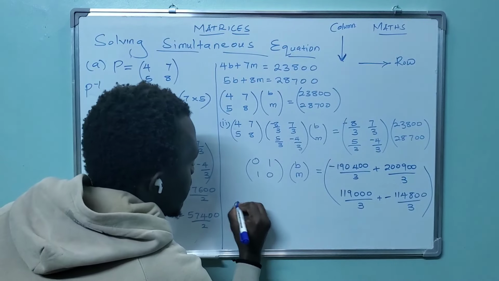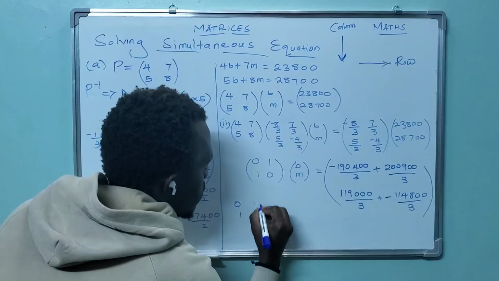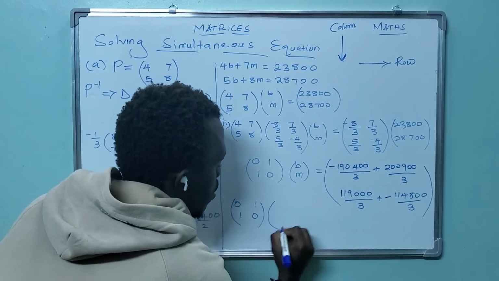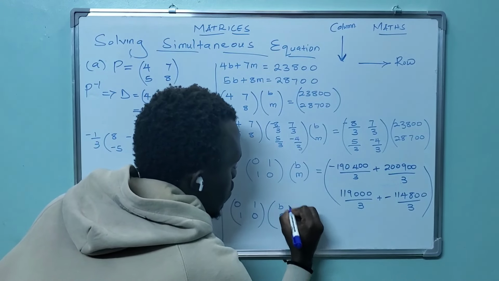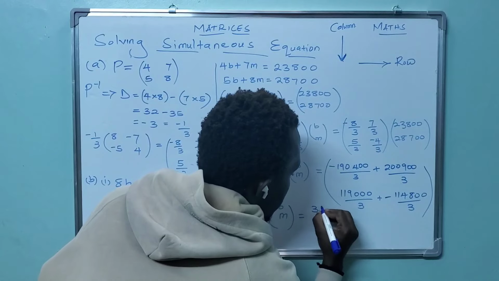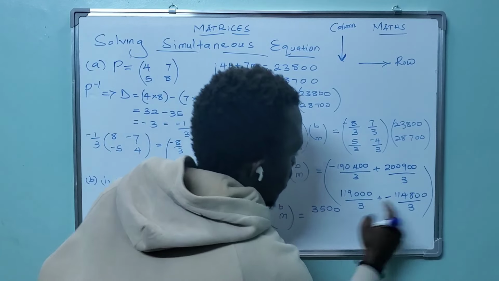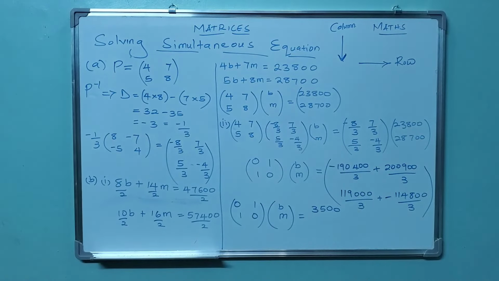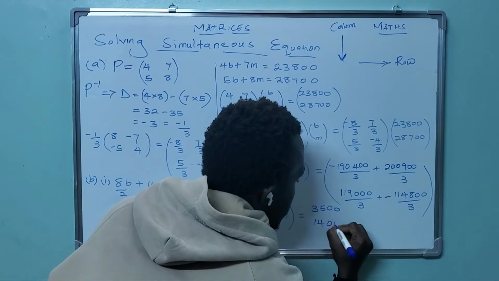So I'm going to have here 1, 0, 0, 1. Here I'm going to have BM being equals to what? Let us get each price of the beans and the maize. So I'll come there, 3,500, and then the lower one, 1,400.